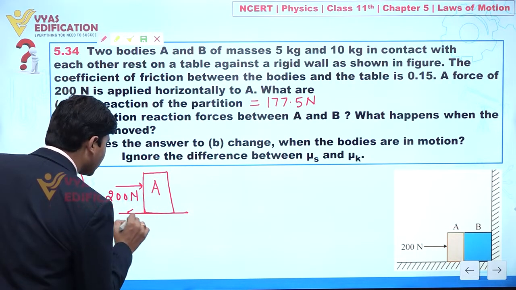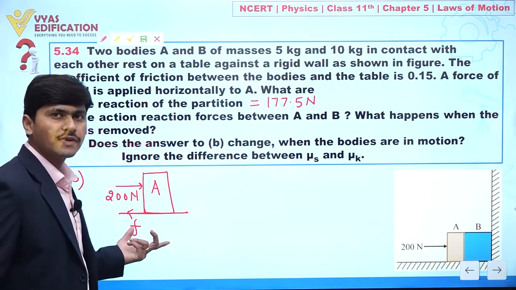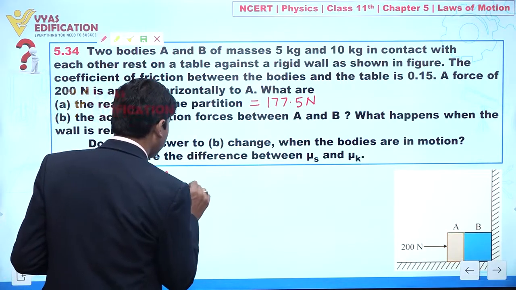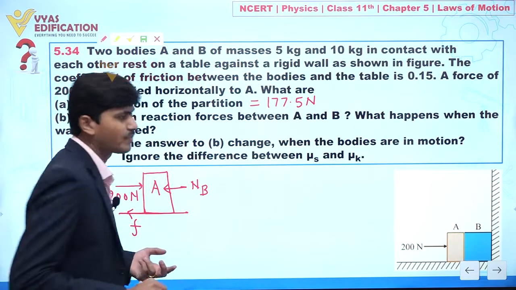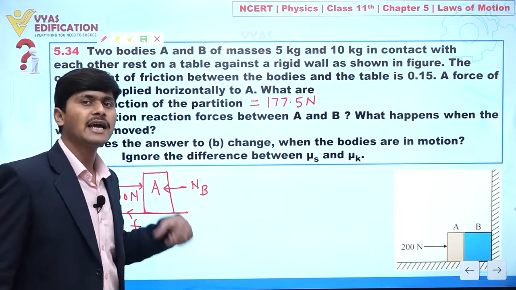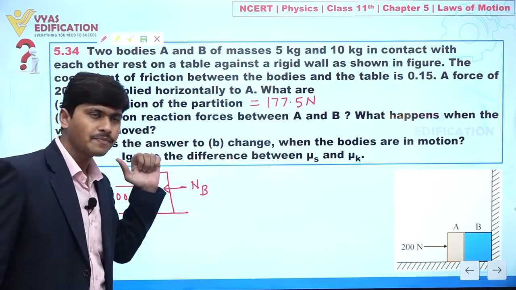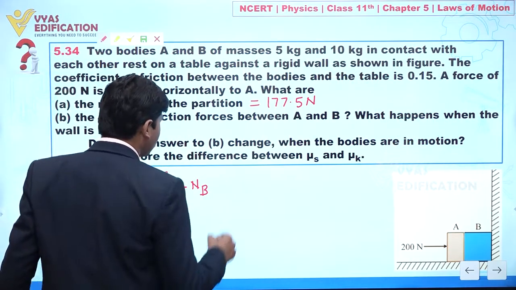Now I will calculate the friction force. From this side a force is acting, that is NB. This is a normal force, or any action force, that is exerted by block B on A. So first I will calculate the friction.